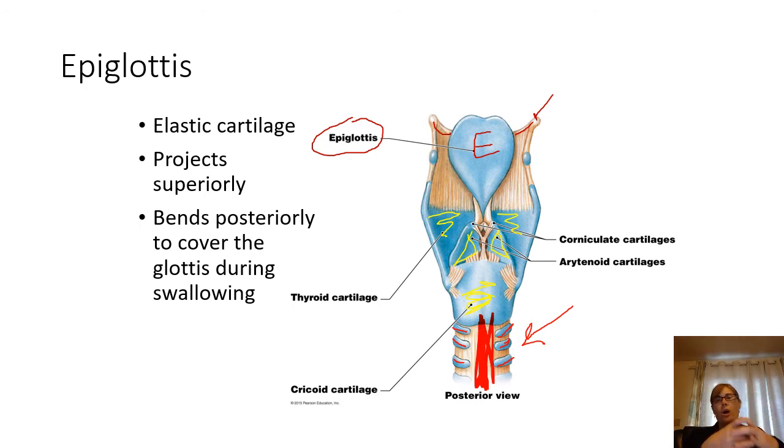If those rings were hard all the way around, then that's going to prevent the esophagus from expanding the way it needs to. It's also going to possibly harm the esophagus by banging against a hard structure, because hyaline cartilage is really hard. But the C-shaped structures for the trachea, they provide a lot of stability, keeping it open.